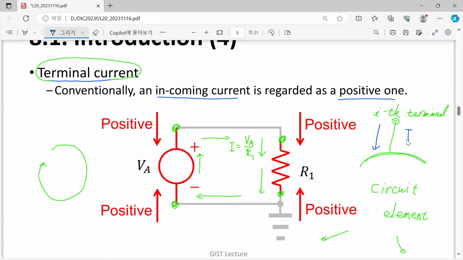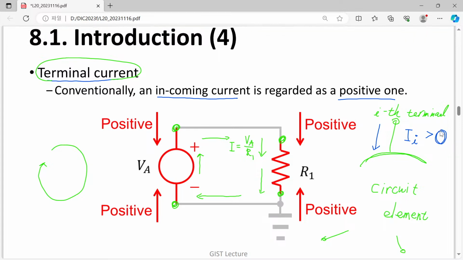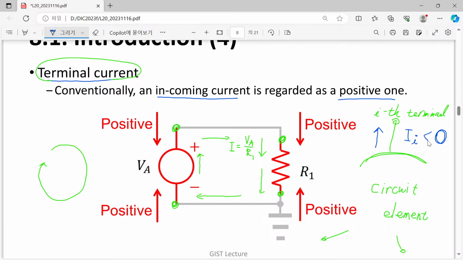Then what is the sign of our i-th terminal current? In this case, we say that the i-th terminal current is positive. But instead, let's assume a case where current is escaping from the circuit element. Then we have to say the terminal current is negative.